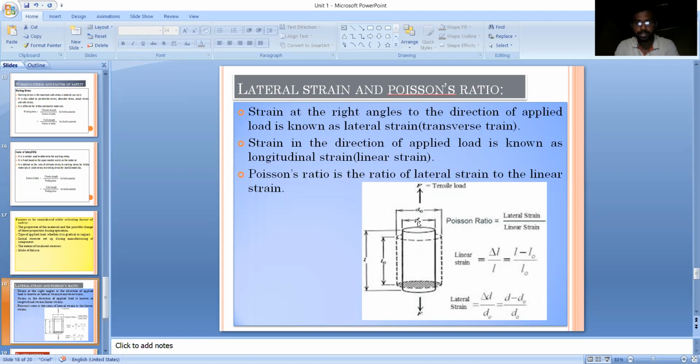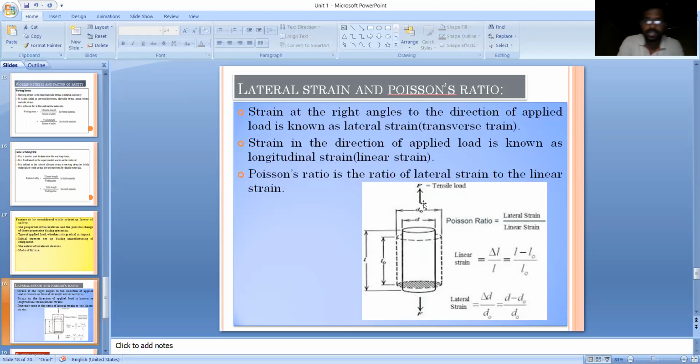Therefore, this diameter, which is at right angles to the applied force, has a strain at right angles to the applied force. A strain which is set up due to the change in the dimension perpendicular to the applied force is known as lateral strain.